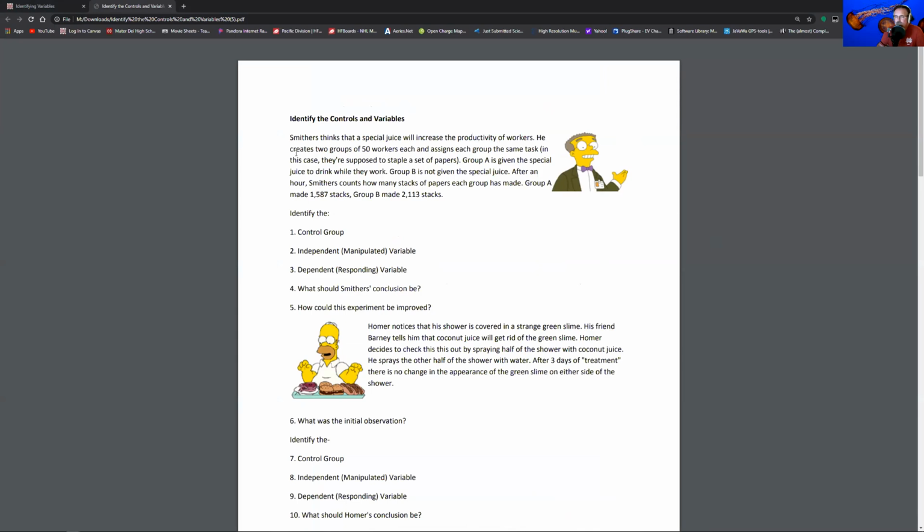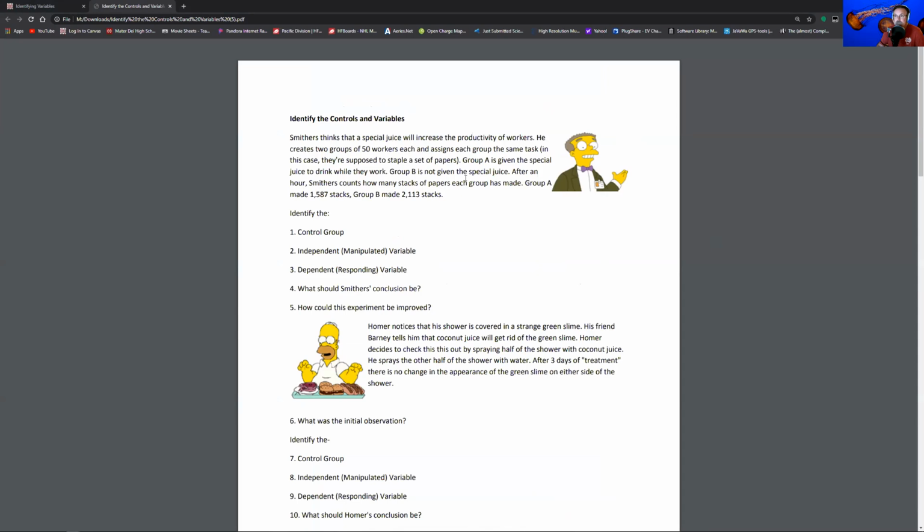He creates two groups of 50 workers each and assigns each group the same task. So the same job. In this case, they're supposed to staple a set of papers. So he has two groups of 50 workers and each group has to staple a set of papers.